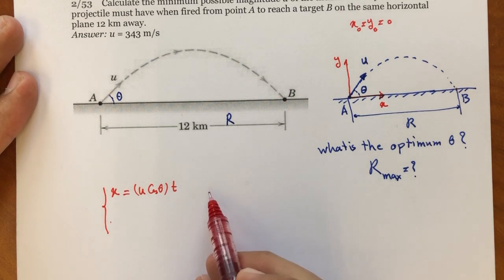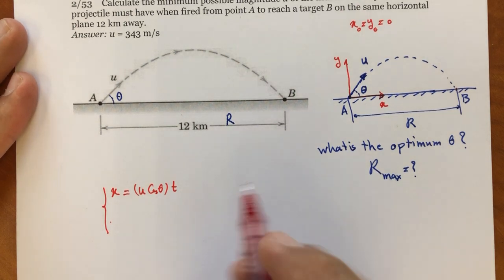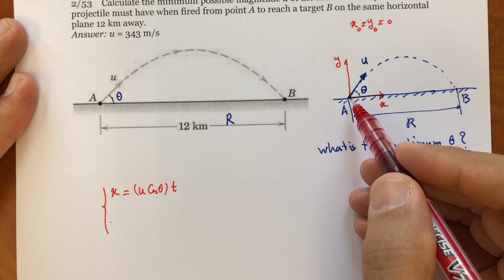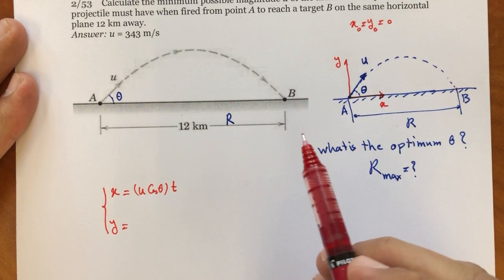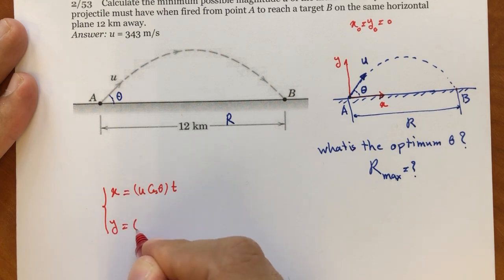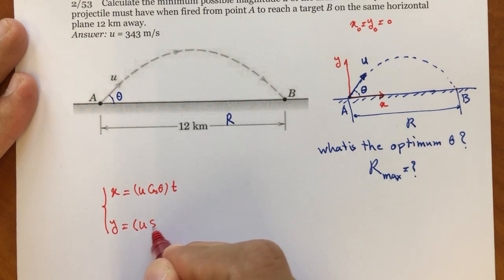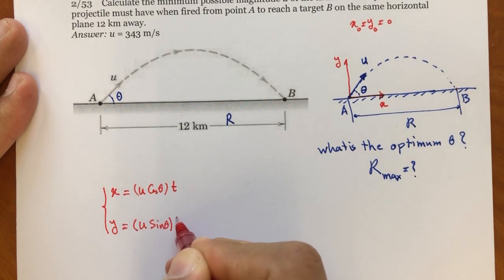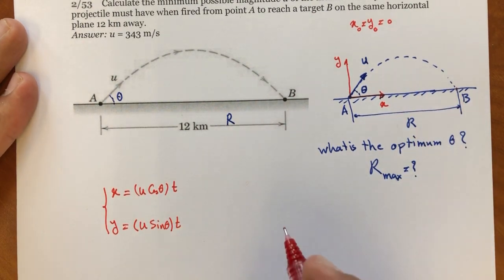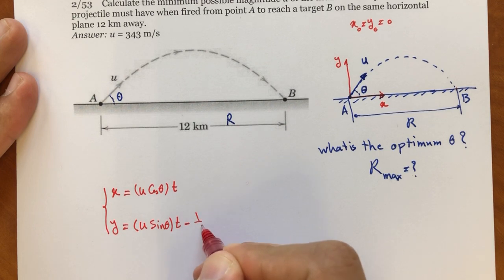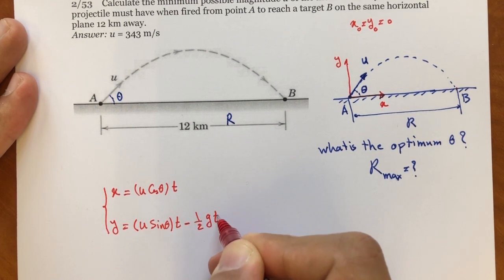And there is no acceleration in the x direction. We know that. And y is going to be equal to y0, which is 0, plus initial velocity in the y direction, which is u sine of theta, times t, plus 1/2 of acceleration in the y direction times t squared. So negative 1/2 of g times t squared.